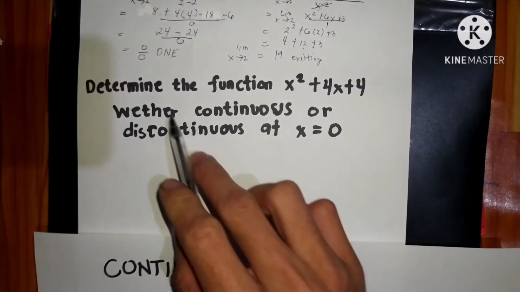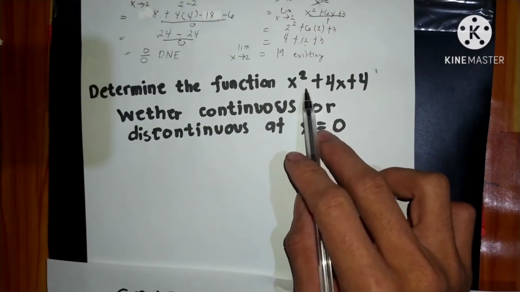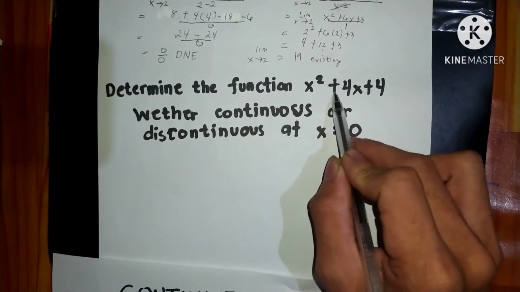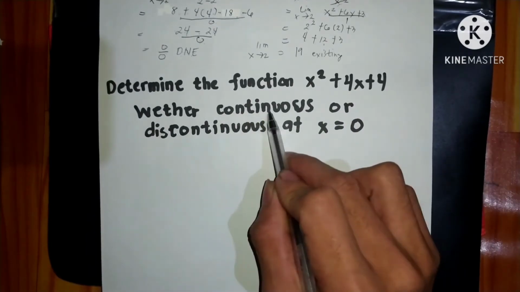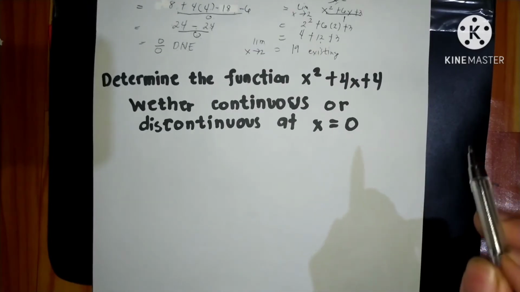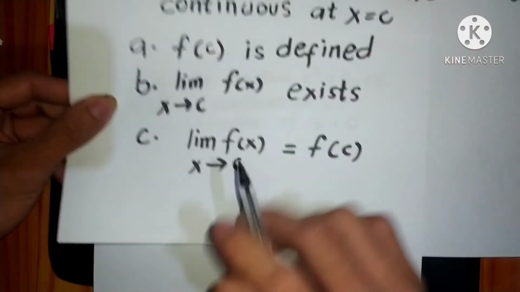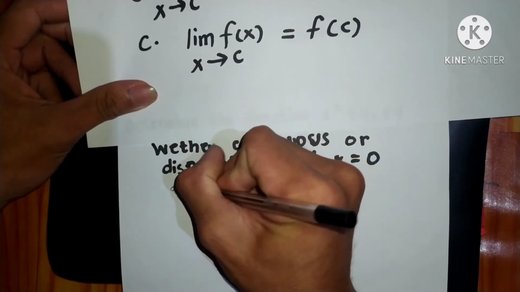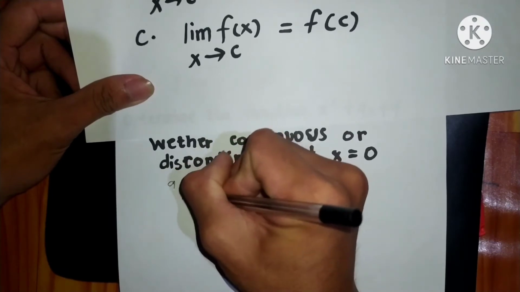So ngayon, meron tayong ditong function. So, determine the function x squared plus 4x plus 4 whether continuous or discontinuous at x is equals to 0. So, ang sabi dito kanina, f of c is defined. So, kunin muna natin yan. For letter A, f of c is defined.